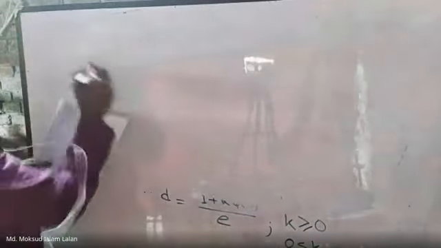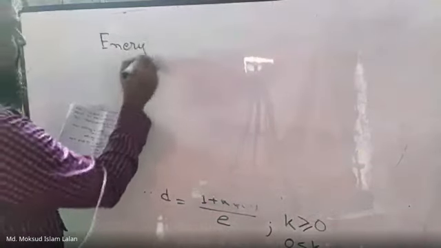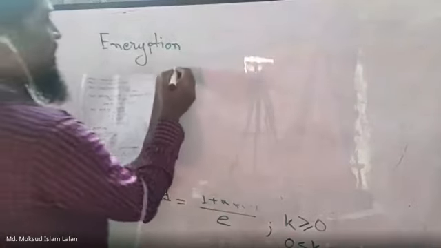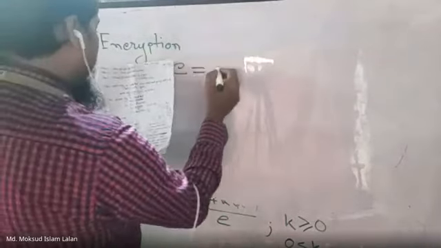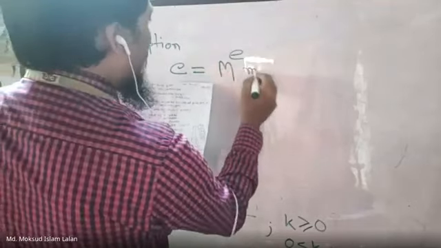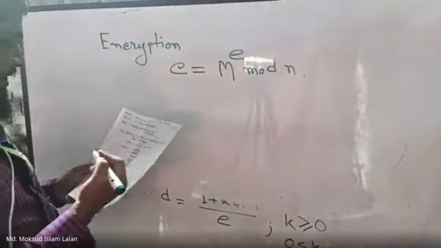We will see both, which is why we have written the steps. Now the encryption formula: cipher text C is equal to m power e mod n. Please write down the formula, mod n.